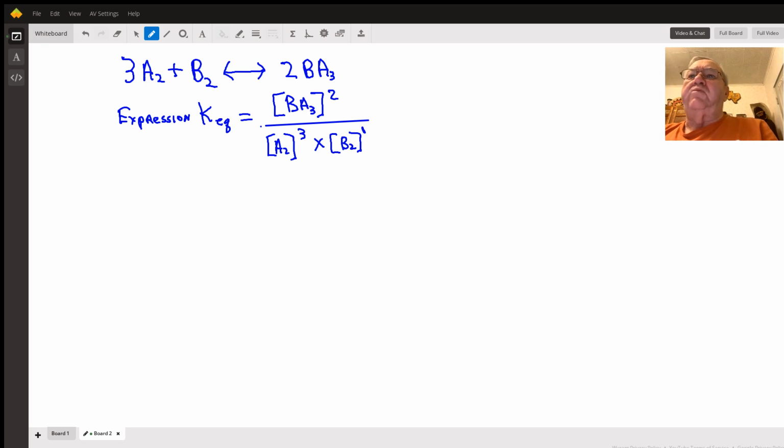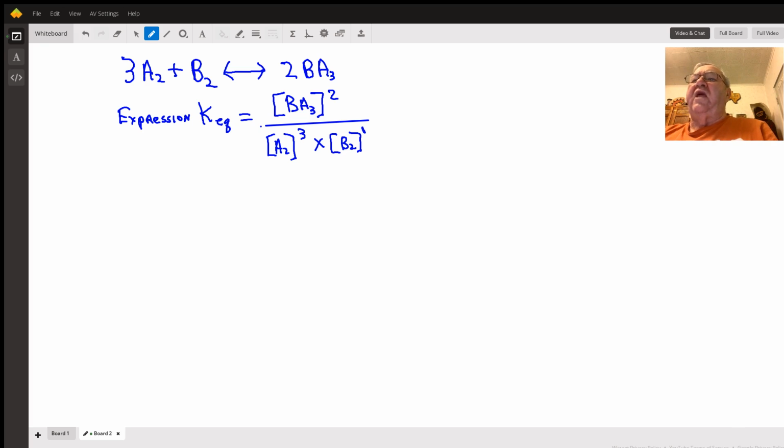To write that expression for the equilibrium constant, you take the concentrations of the products raised to the power of their coefficients, divided by the product of the concentrations of the reactants raised to the power of their coefficients.